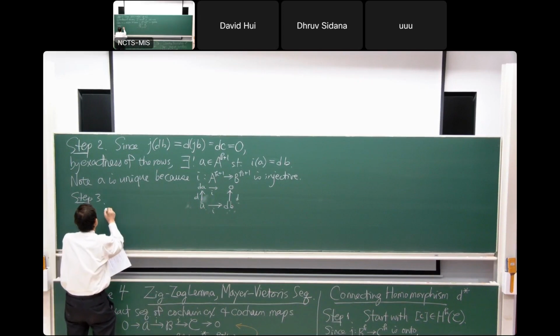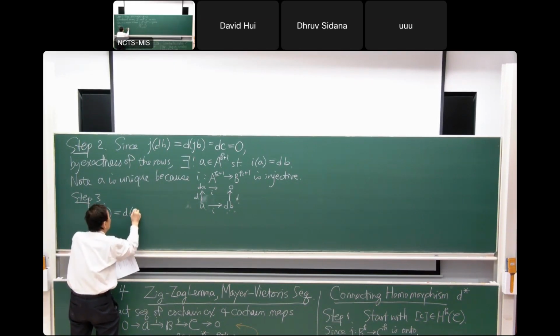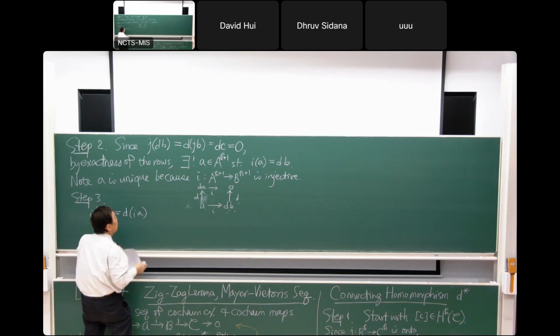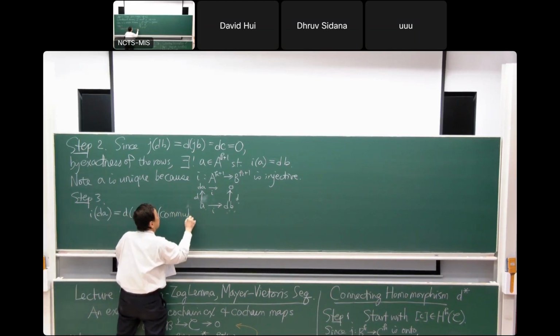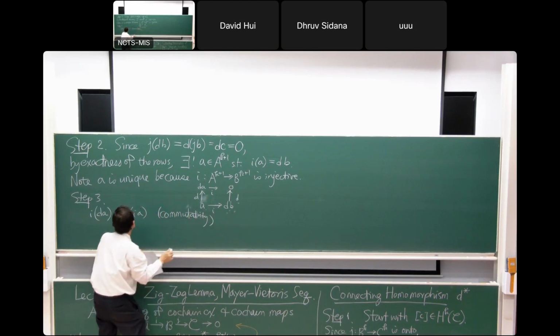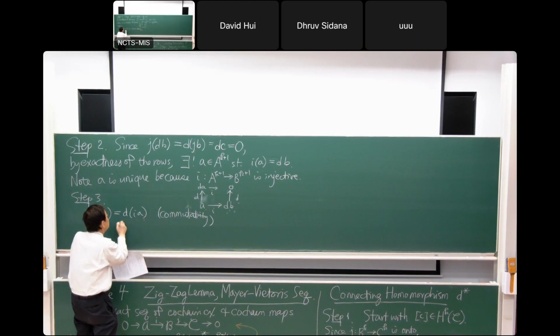So IdA is dIA, okay? That's the commutativity of the diagram. But IA is dB, and dd is 0.